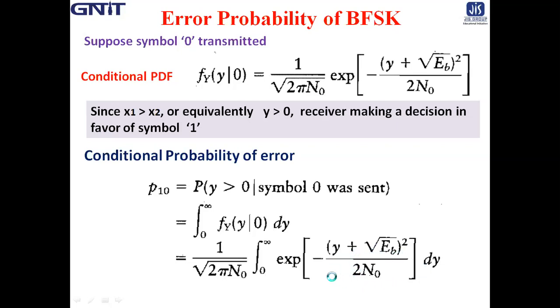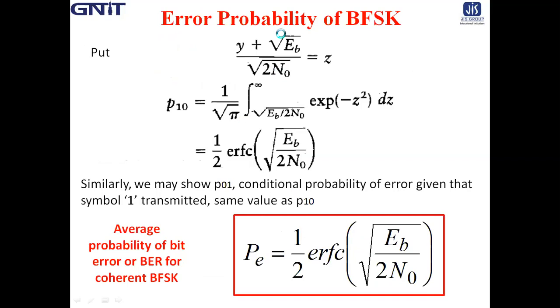In a similar way, consider z equal to y plus square root of EB by square root of 2n0.